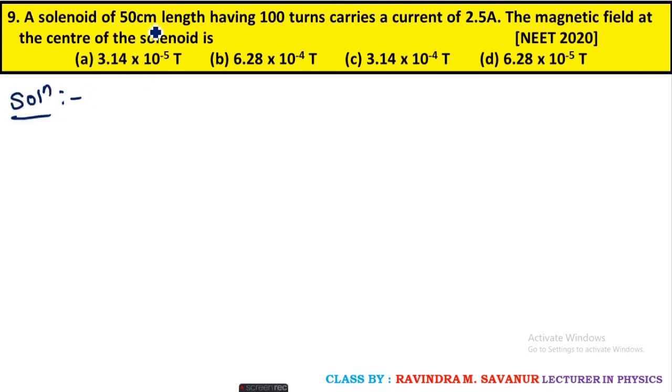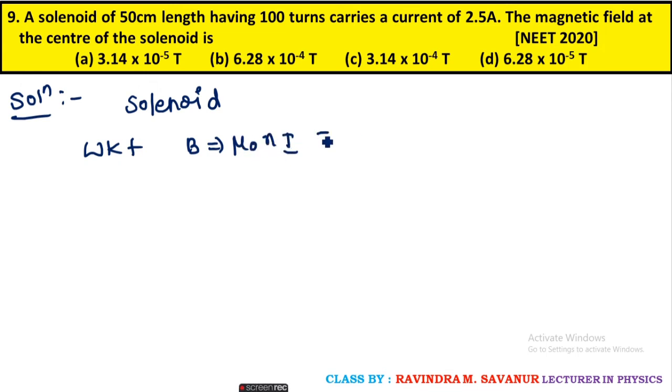A solenoid 50 centimeter length having 100 turns carries a current 2.5 ampere. The magnetic field at the center of the solenoid is. So this is a problem on solenoid. We know that the field of a solenoid carrying current is given by mu naught n into I. Here small n can be written by what?